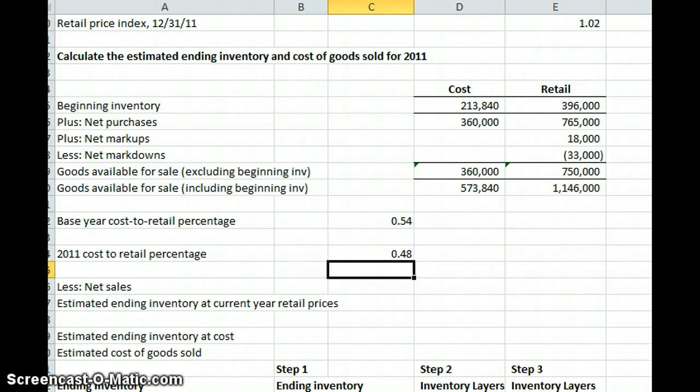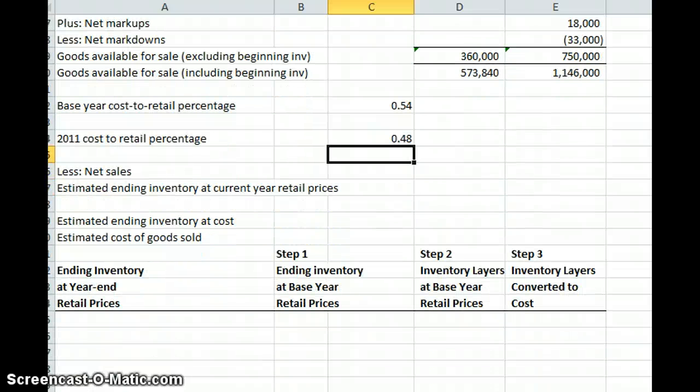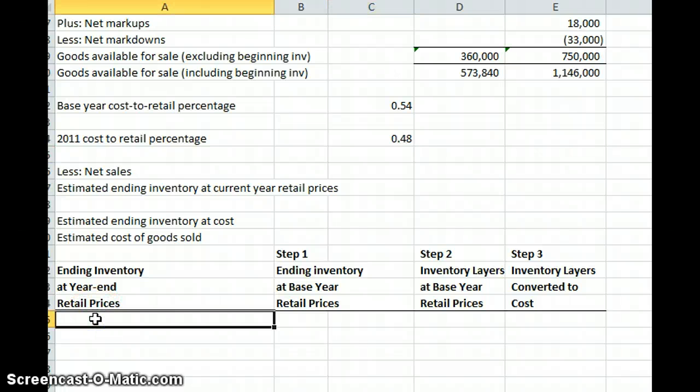Okay, so next we have to do a few steps then. We are going to go down and start with our ending inventory at year-end retail prices. And we're going to get that by taking our 1,146,000 goods available for sale.